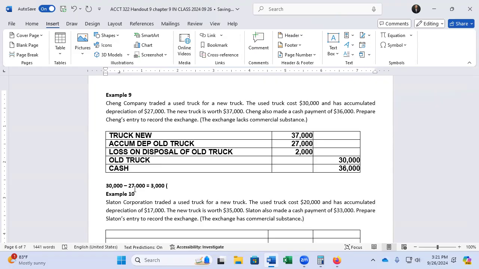And then the fair value of the new, 37,000 minus what cash was given up, 36,000, equals 2,000 loss. So basically you got $1,000, but your book value on it was $3,000, right?